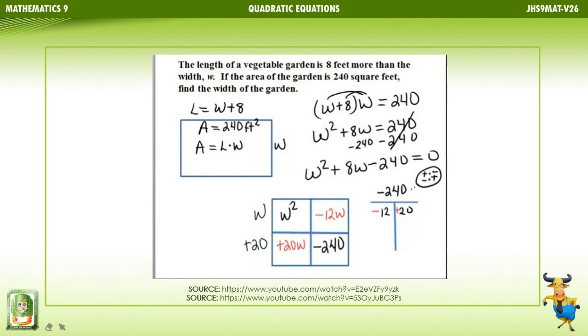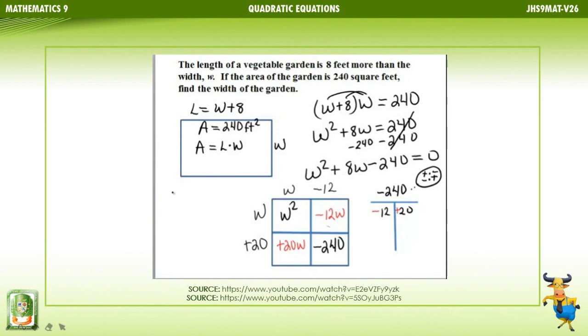Now let's look at the first column. The greatest common factor here is w, and the second column, the greatest common factor there is negative 12. So we write negative also because the contents of this box are negative. So now we have our two factors.